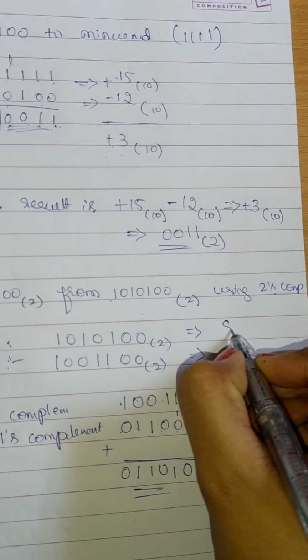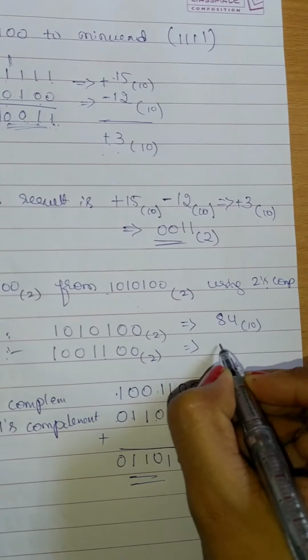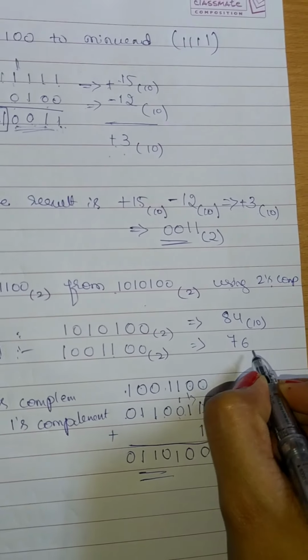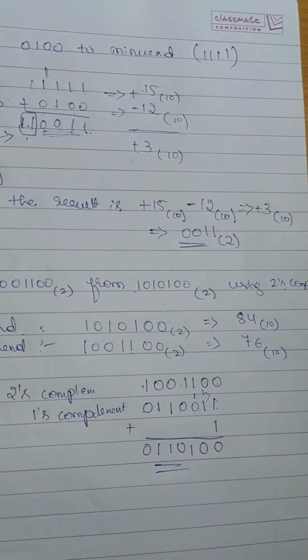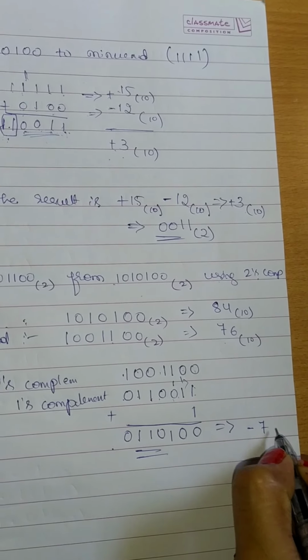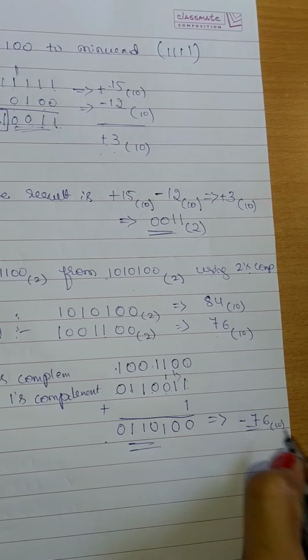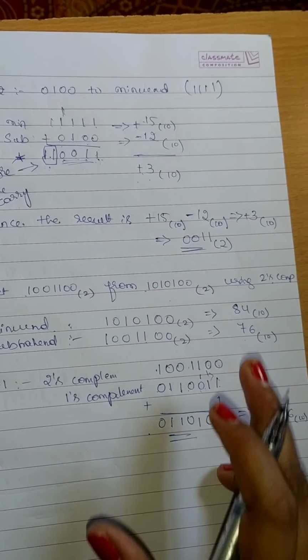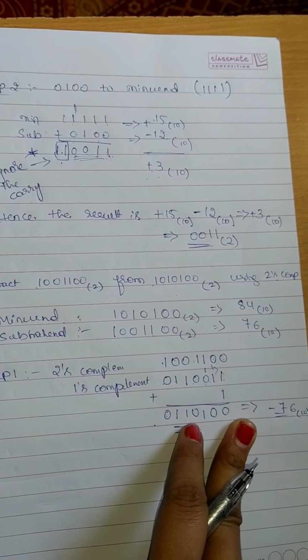So this becomes 84 and this value becomes 76. Okay, so now this is equivalent to minus 76. So what happens to the sign? It changes. Positive becomes negative, and negative becomes positive.